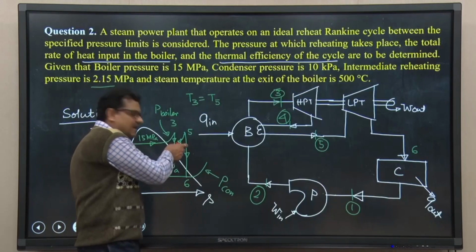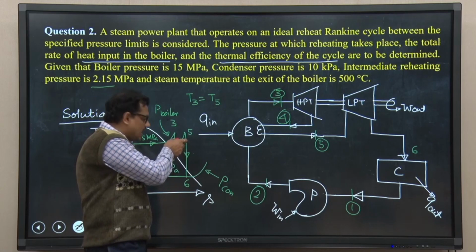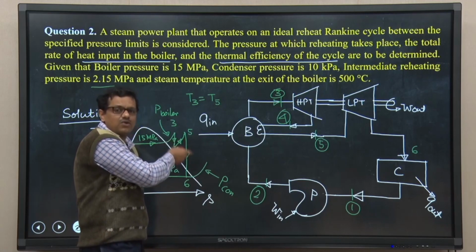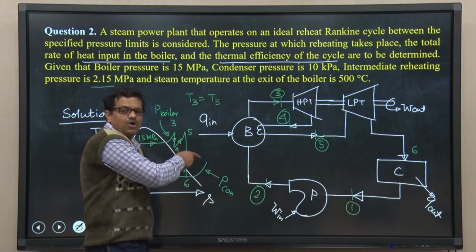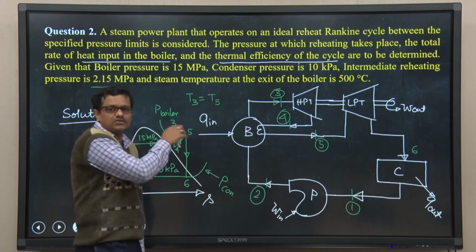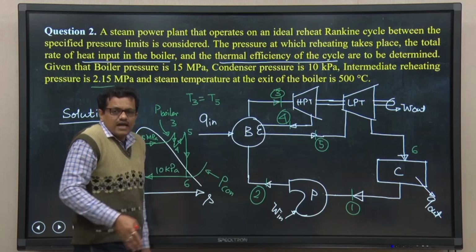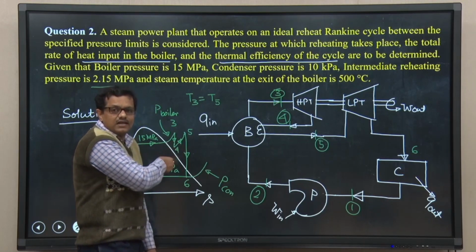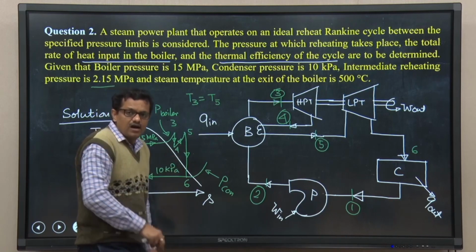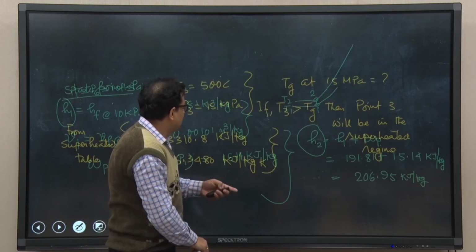See, we have drawn it. In fact, I have drawn it without knowing whether point 4 will be in the superheated regime or will lie on the saturated vapor line. We had no clue before to place this particular state point in the TS plane, but now the time has come.